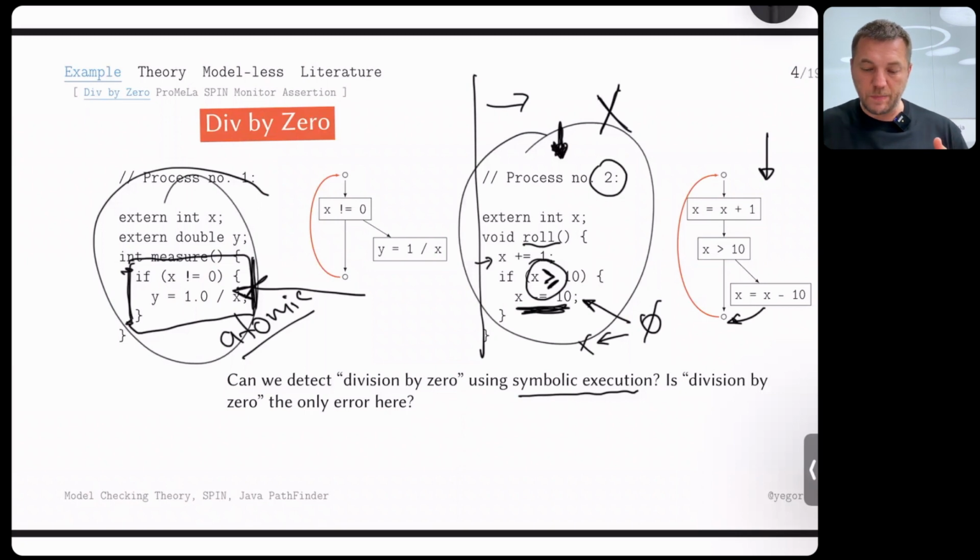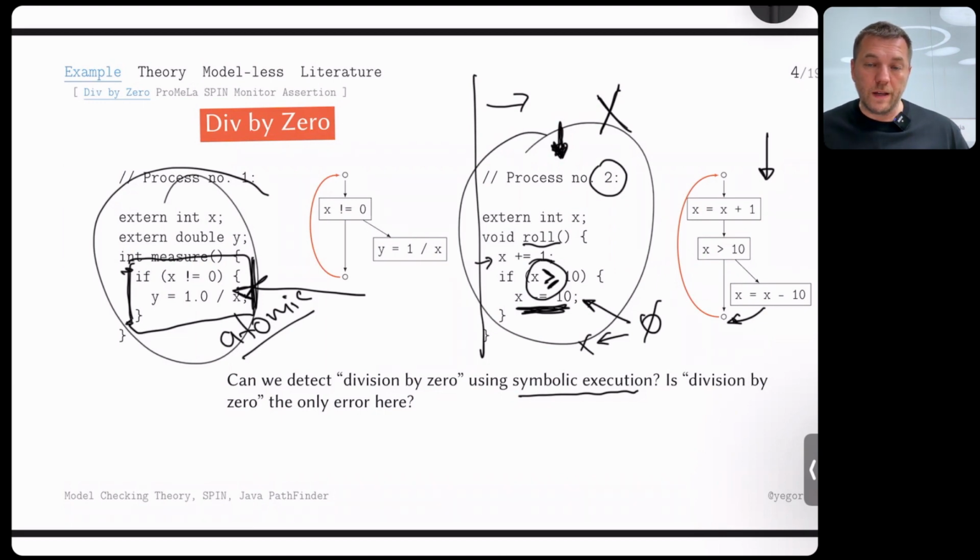It depends. In this particular example, we're going to wait for a few seconds and the error will blow up, definitely. But if the software is larger, then maybe you're going to wait a few minutes or maybe a few hours before the actual conflict between your threads will happen. And maybe you will not even see it. You can wait for hours, and only on the production server you will see it.